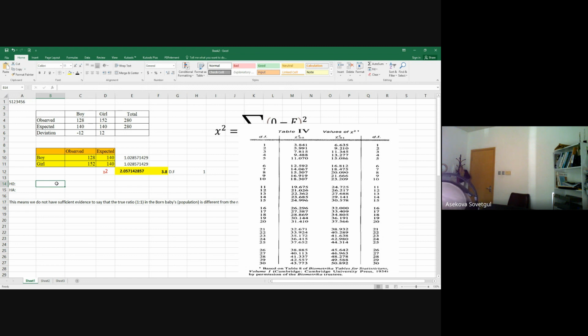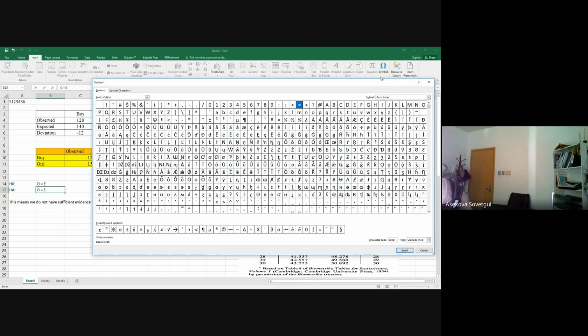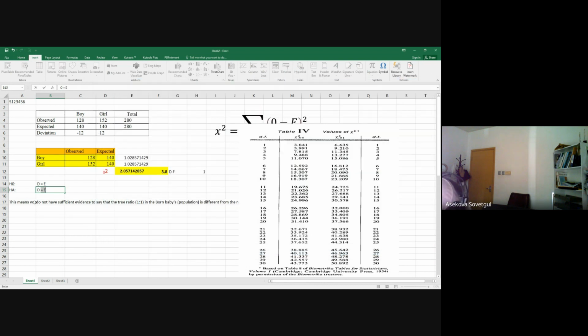Or simply you can say that the observed value is equal to the expected value. So here the alternative is that the observed value is not equal to the expected value or ratio.